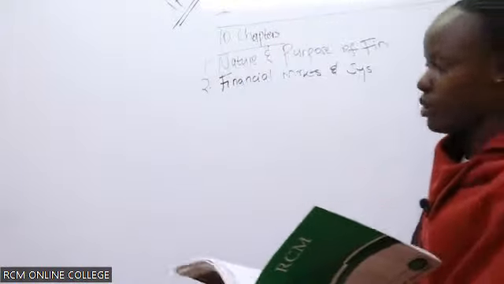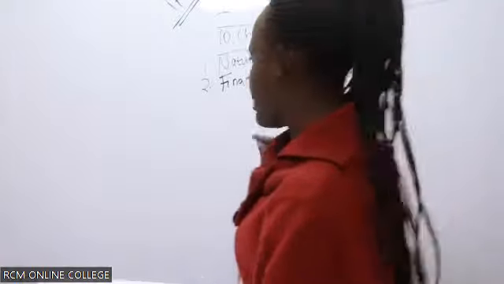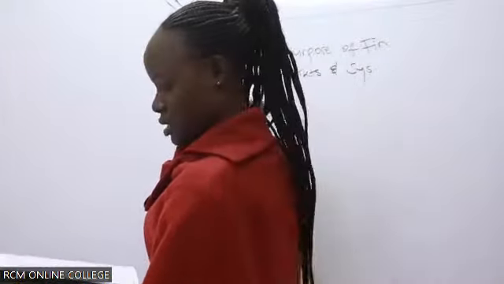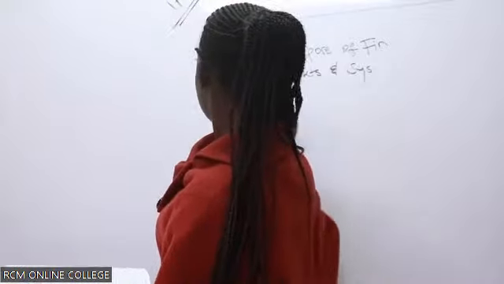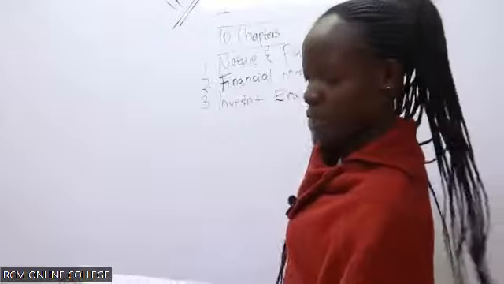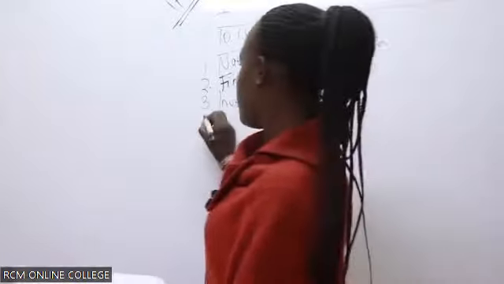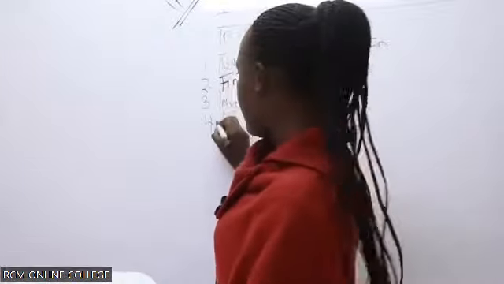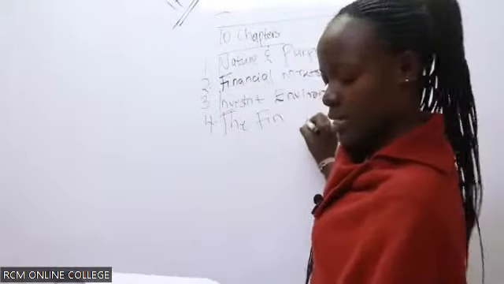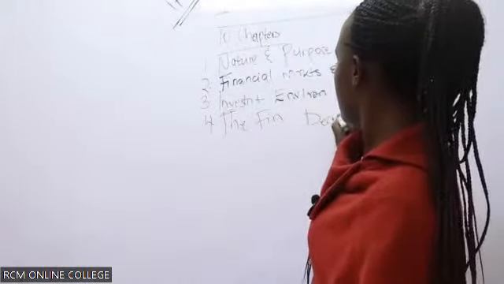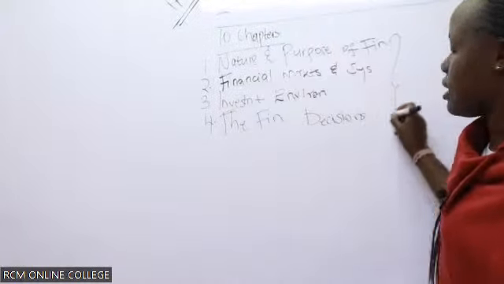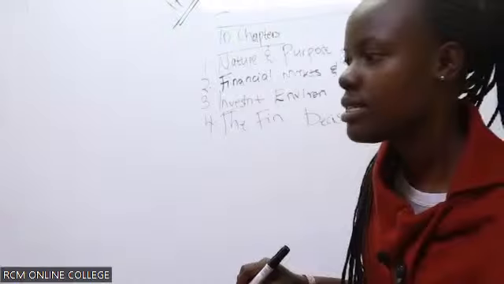Then your third chapter handles the investment environment. Then chapter 4 handles the financing decisions. These are our first 4 chapters, and they are on theory.